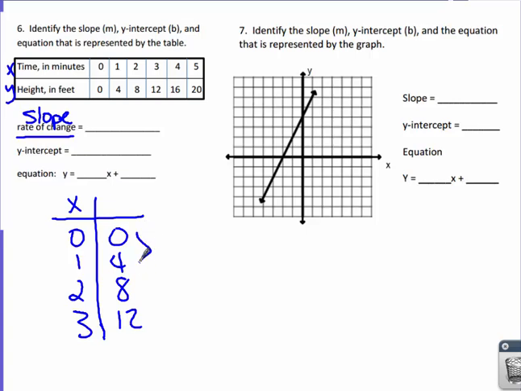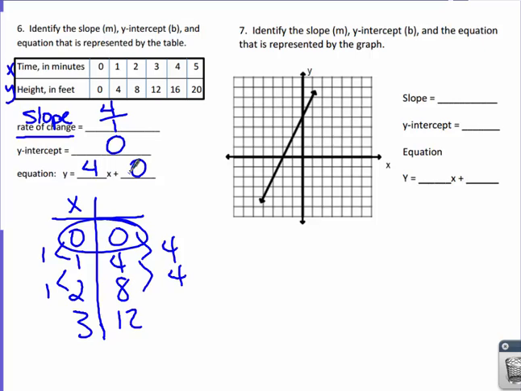So that is my pattern on the right, which is increasing by 4, divided by the pattern on the left, 4 divided by 1, so my slope is 4 over 1. My y-intercept is my y value when x is 0. So my y-intercept is 0. So if we were to plug this back into the equation, we end up with 4x, put our slope into the x, plus 0. So y is equal to 4x plus 0.